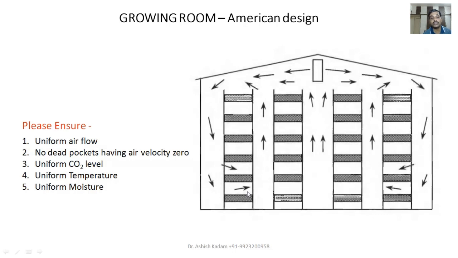So we have to ensure that there is a uniform temperature throughout your growing rooms. The moisture level also should be uniform in the air. So you can take these precautions only if you have the right design in place. So these are the small factors which are basically impacting the yield of your farm.